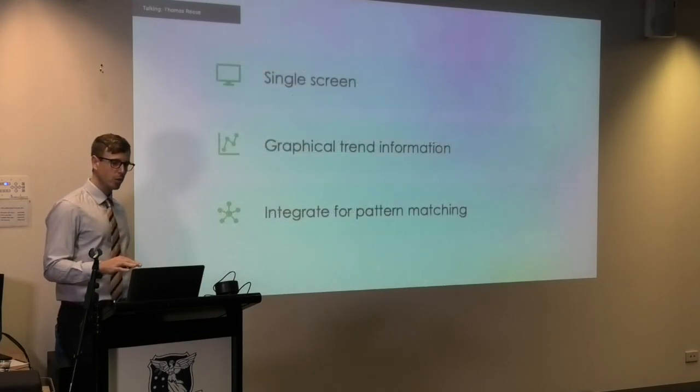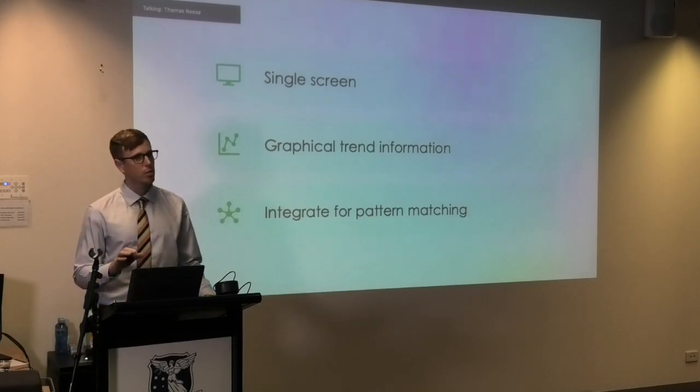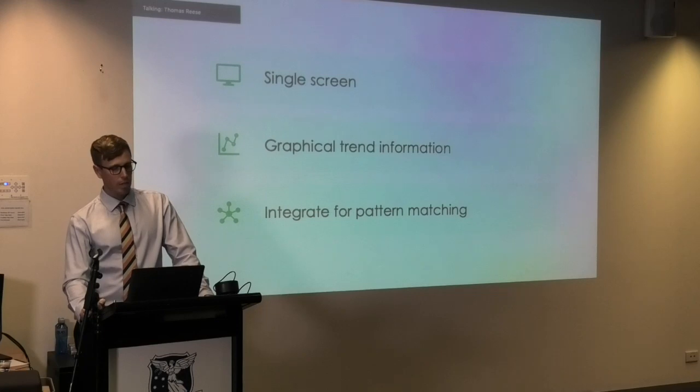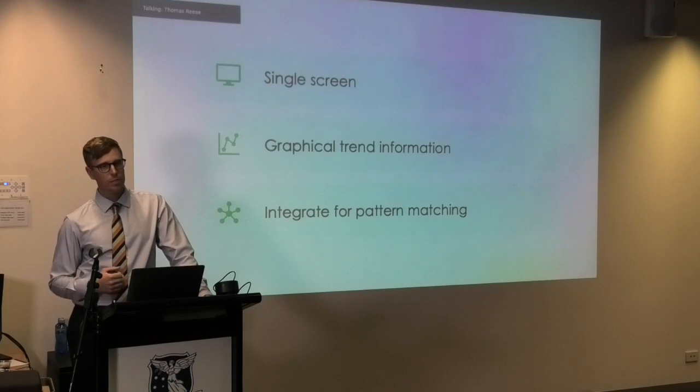From the literature, we found that the best performing displays were on a single screen, included graphical trend information, and integrated patient information for pattern matching. So we started brainstorming derivative approaches based on our findings to see if we can meet these needs.